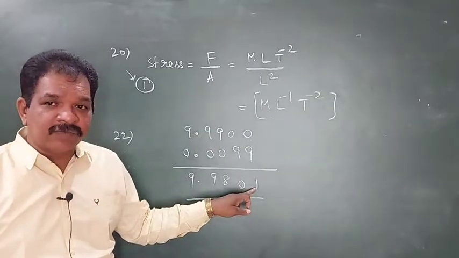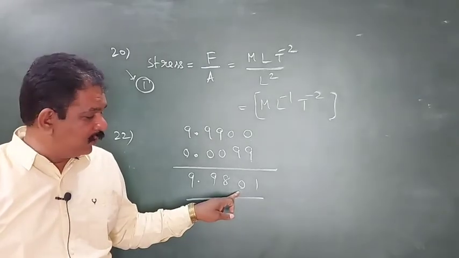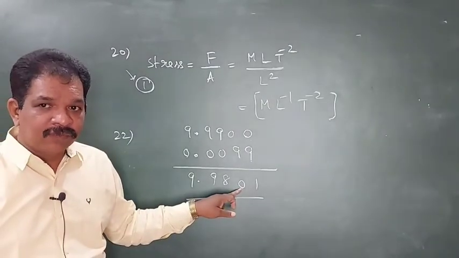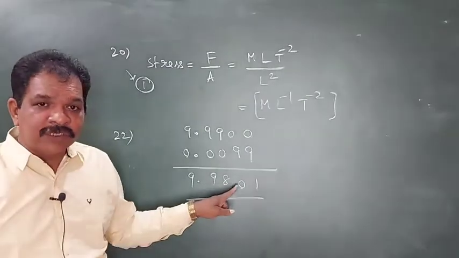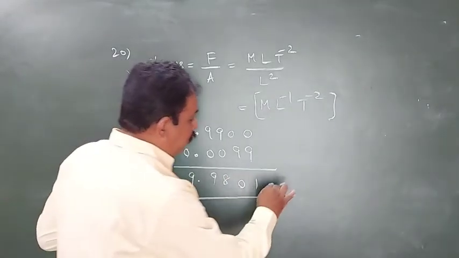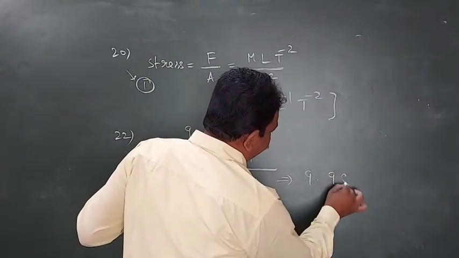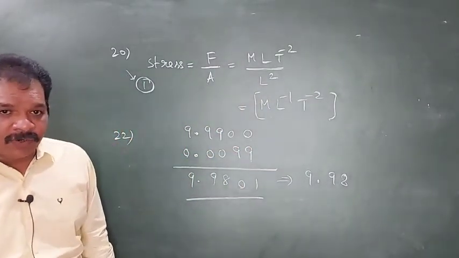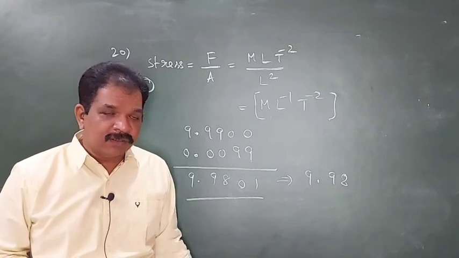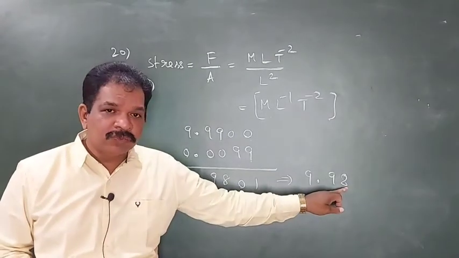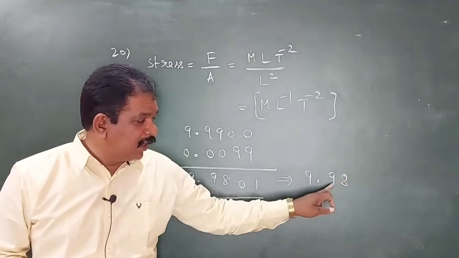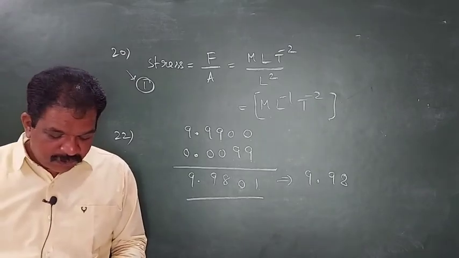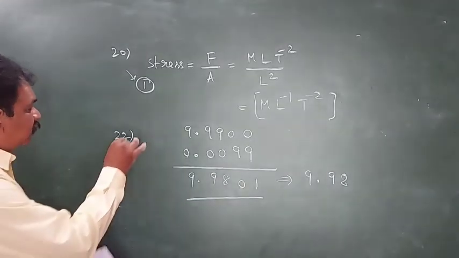Because it is less than 5, the previous one has no change. You remove this one also. Then the previous one has no change because it is less than 5. When it is rounded to two figures after the decimal point, the number should have two figures after the decimal point, then the answer will be 9.98. So the option for this will be the third option.